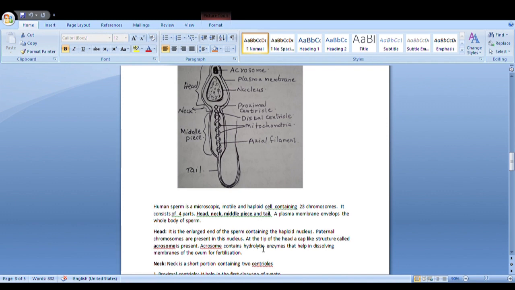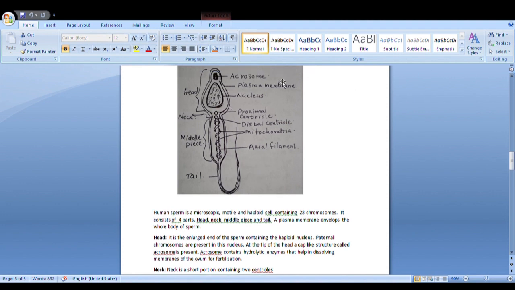At the tip of the head, a cap-like structure called acrosome is present. This structure is called the acrosome. The acrosome contains very strong enzymes that help in dissolving the egg membranes at the time of fertilization.